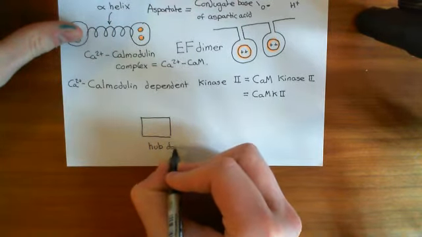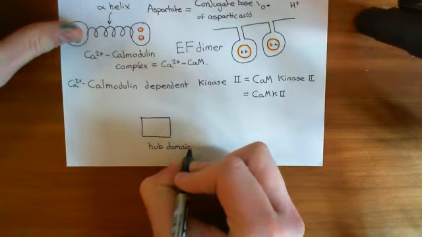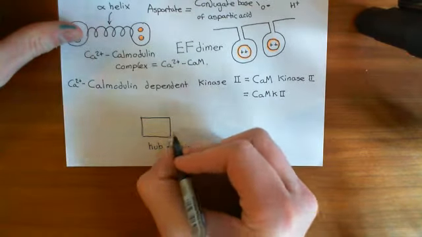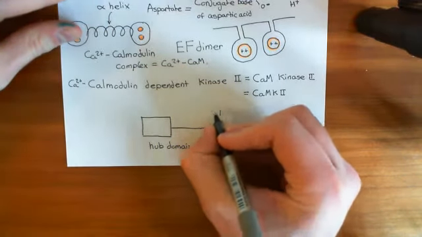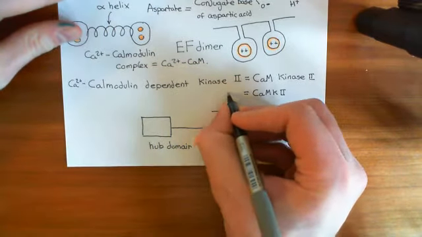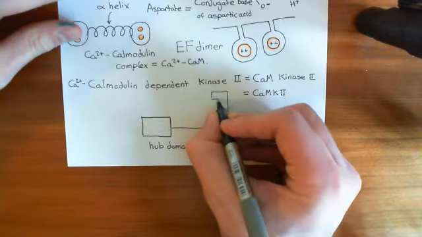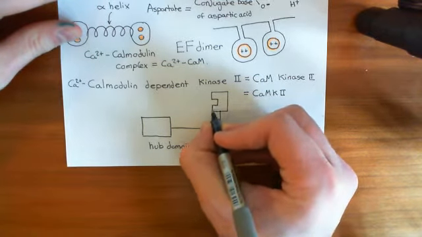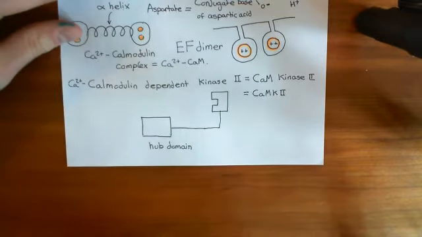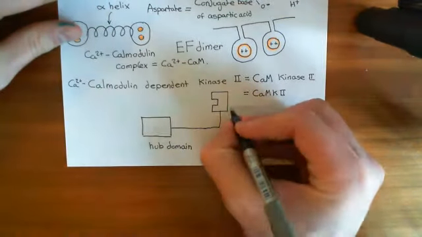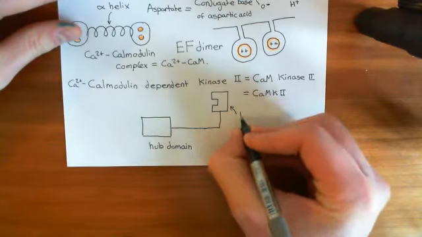And this is the portion that's going to be involved in the formation of the oligomer. Okay, then you have a linker region, like so, and then over here you have the actual kinase portion of the enzyme, which is a serine-threonine kinase, so it adds phosphate groups to serine and threonine residues within proteins. So this is the kinase domain.